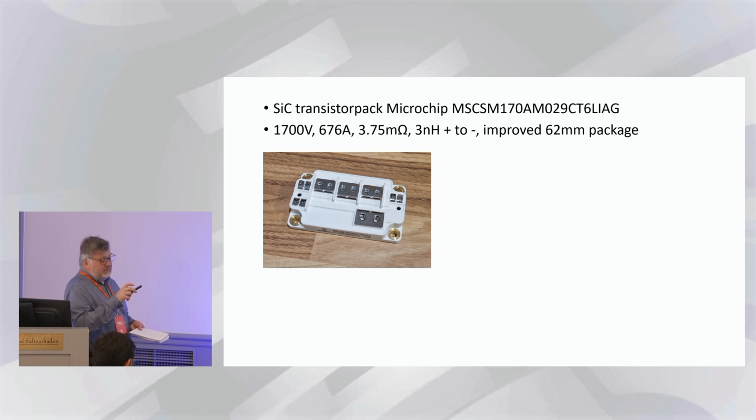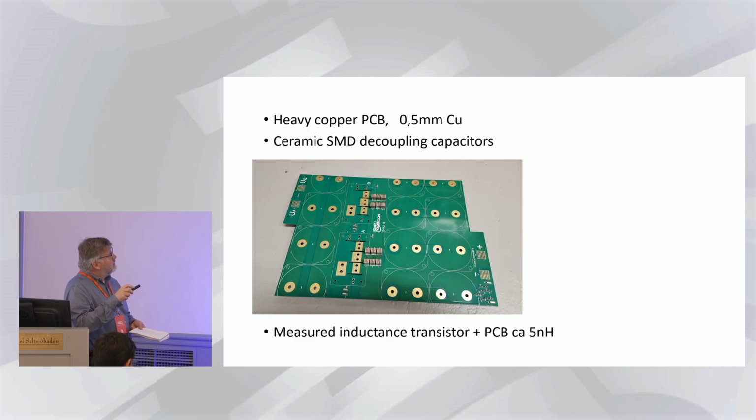In order to meet this really low inductance, we thought we cannot use ordinary bus bars. We must have something else. So we designed a PCB for this, a heavy copper PCB with 0.5 millimeter copper, so it's much thicker than ordinary PCBs.